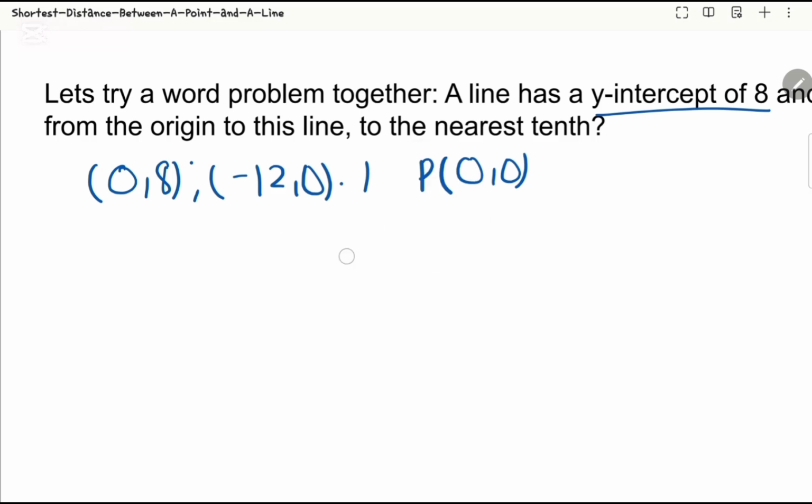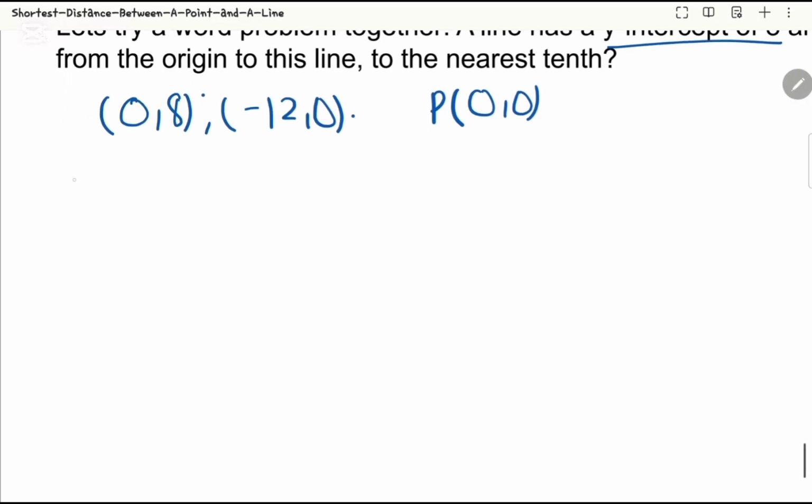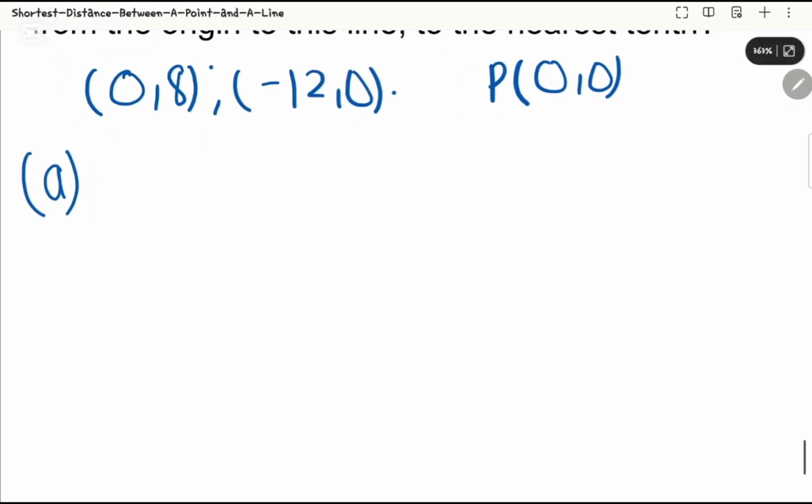Okay. That's just the information summarized. So the first step is to actually find the equation of this line. You find the slope first, right? This is all grade 9 revision.